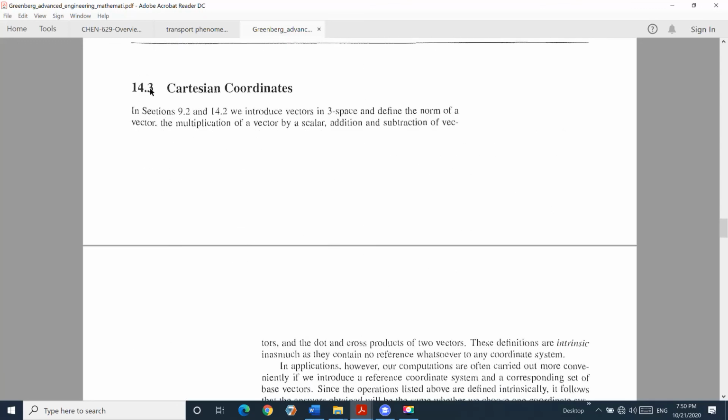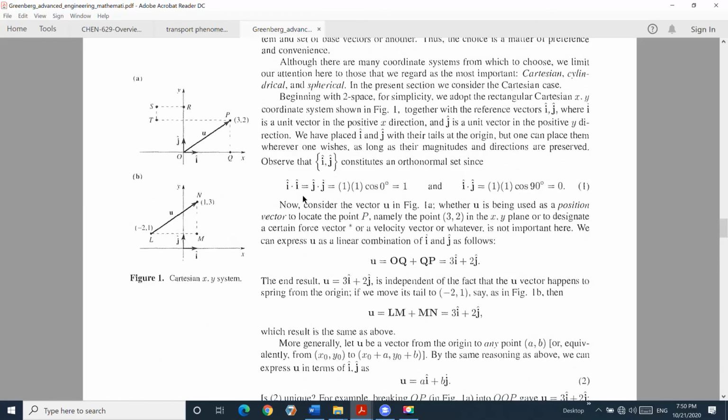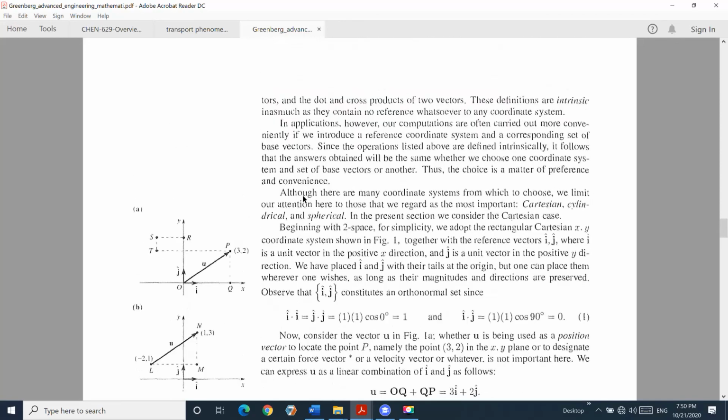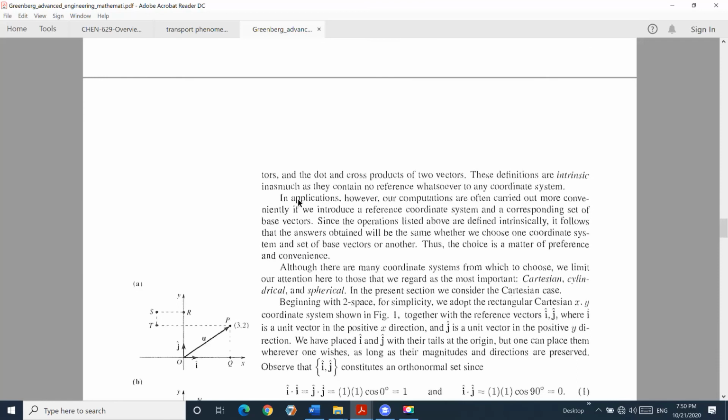So section 14.3 gives you Cartesian coordinates.